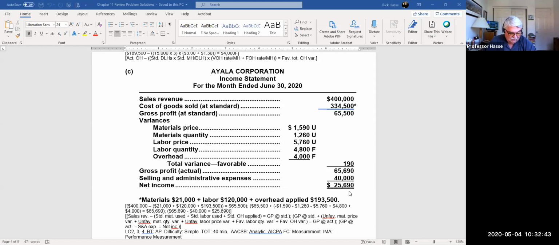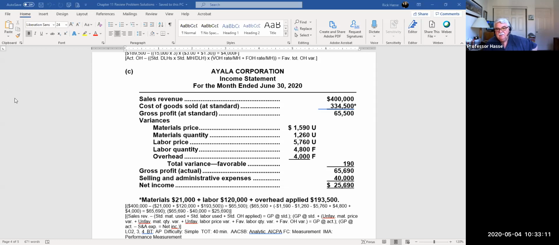If you notice in the problem, manufacturing overhead incurred was $189,500. Manufacturing overhead applied was $193,500. In other words, we over applied our overhead by $4,000. So we used more than we planned. Our actual was less than what we planned. That's the $4,000 variance.